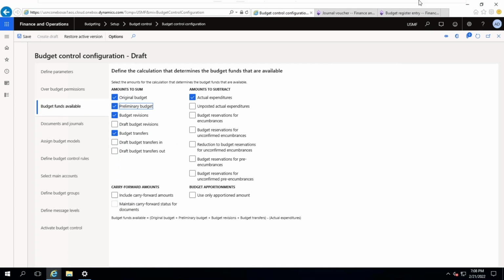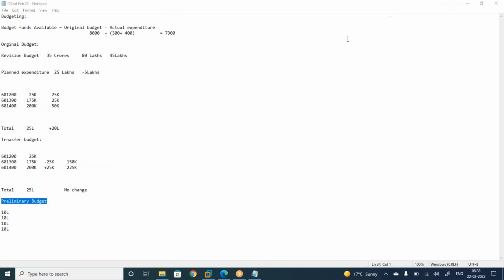Preliminary budget means, if you remember, in 2014, if you follow the central government budget, in 2014 the UPA government declared a budget for only 4 months: April, May, June, July.